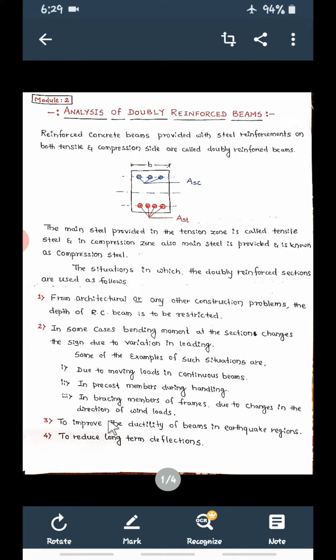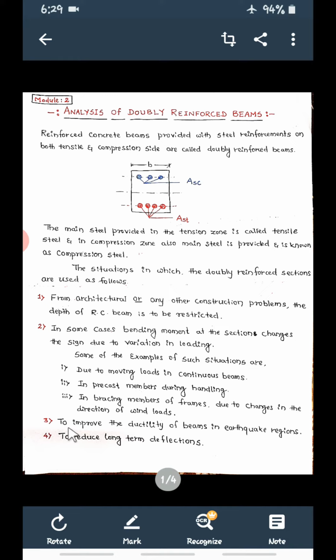Due to changes in the direction of wind load, when you consider high-rise buildings, wind load is also going to be considered in the calculation along with the other loads. During these wind loads, bracing members, that is, inclined members in the frames, are also subjected to changes in the bending moment. So in all these cases we go for the doubly reinforced section.